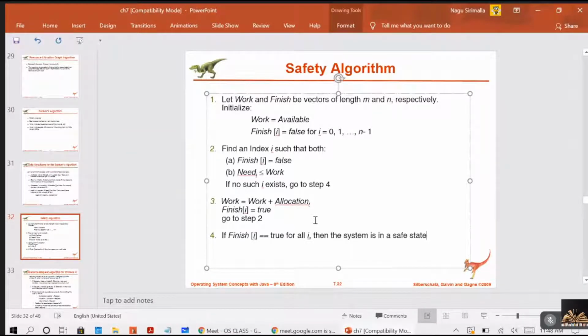Then some other job will be given the resources. And if the job is completed, again it will be releasing the resources after the completion of the job. Again, those will be added to the available resources, and that job will be completing. That way it will be done for all the processes. So when you are allocating them, each time you are checking whether it is leaving the system in the safe state or not.